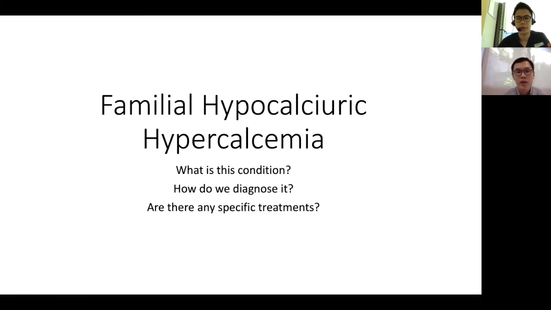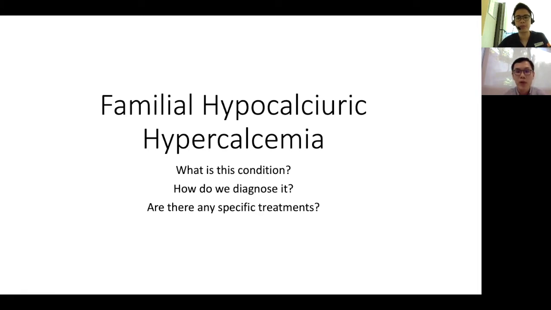If the calcium is low, it stimulates more PTH secretion. If the calcium is high, it will reduce the amount of PTH secreted. But if there's a mutation in the calcium sensing receptor, it doesn't sense the calcium properly. So the set point for PTH secretion is shifted. In that case, even though the calcium is elevated, there is still a degree of parathyroid hormone secretion that's inappropriate for the elevated calcium.